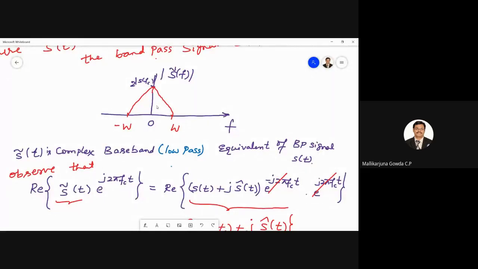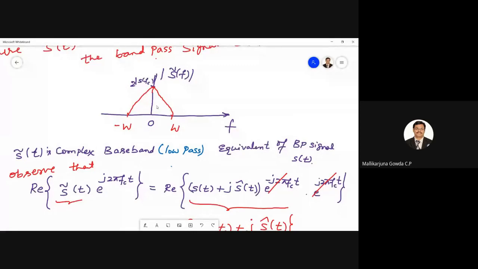Yes, my dear students, could you catch my point? I told you two reasons why we are interested in mapping this band pass signal into its equivalent complex low pass signal. Hope you got my point. Yes, Ananta is saying yes.